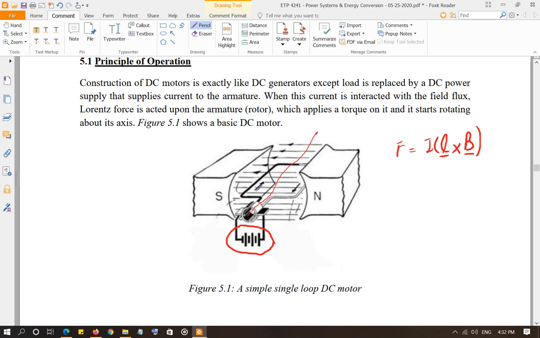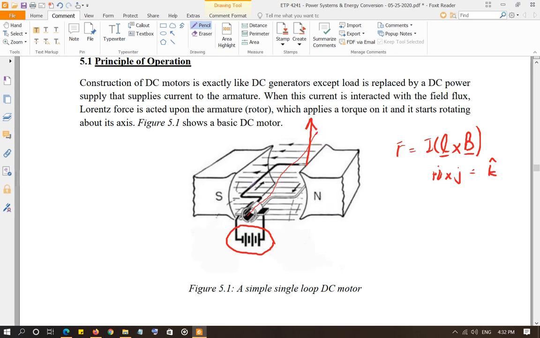So look at the white side of the conductor under the north side of the magnet. Current is coming out. That means the L vector is positive I, and B is positive J. So I cross J is K. So this side is going to move in the K direction.